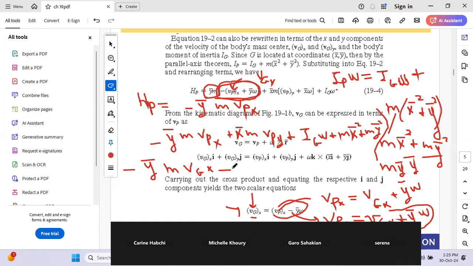So minus y bar square times m times omega. Okay. So as you can see here, you will have the following two terms. Here you have minus y bar square m omega. Here you have plus m y bar square omega.